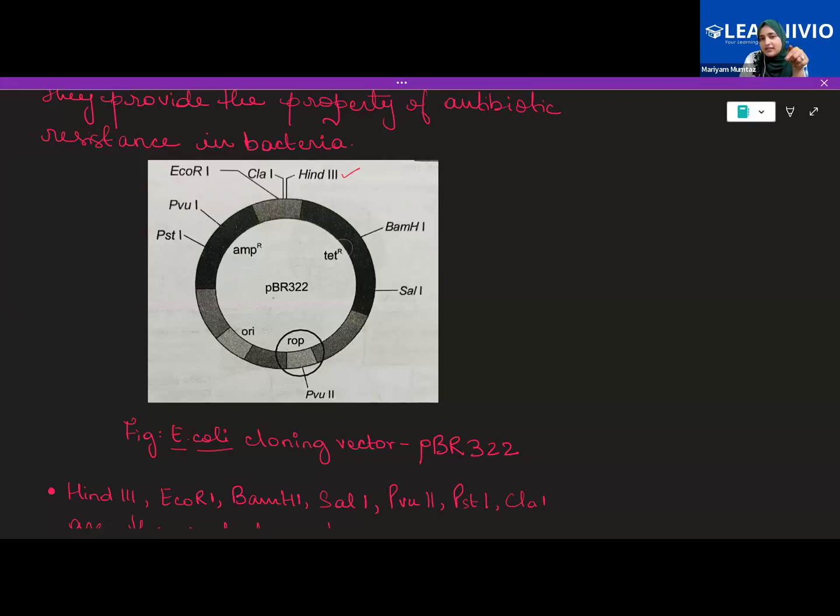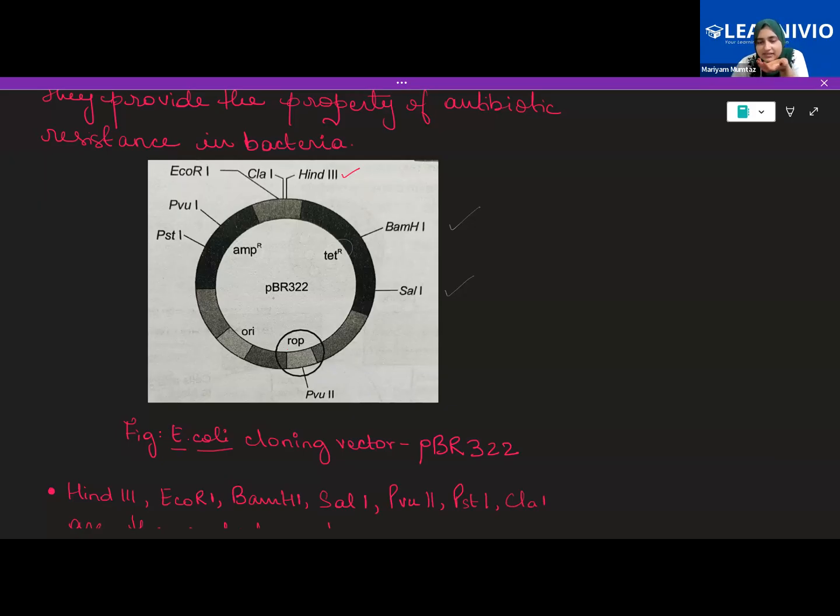Like if you think about BamHI and SalI, both of them are in the tetracycline resistance area. You don't have to write the whole name. While drawing the diagram, you write Tet to the power R.